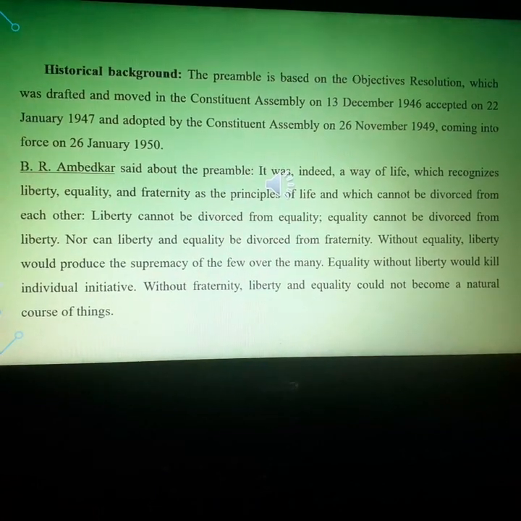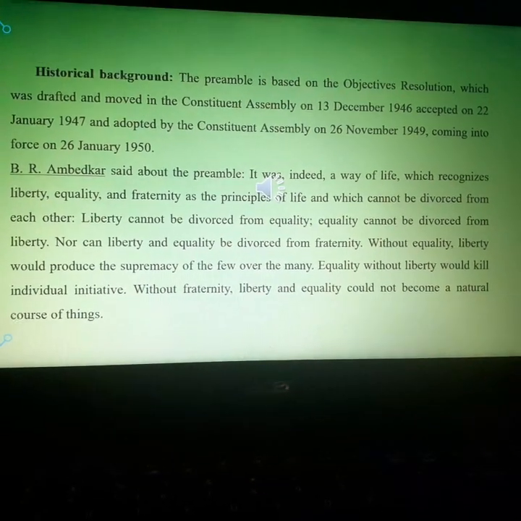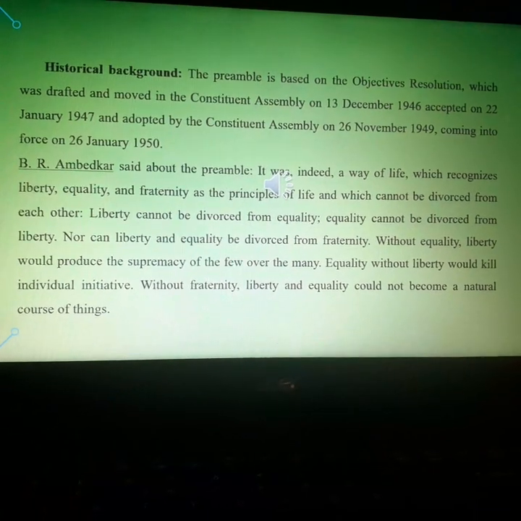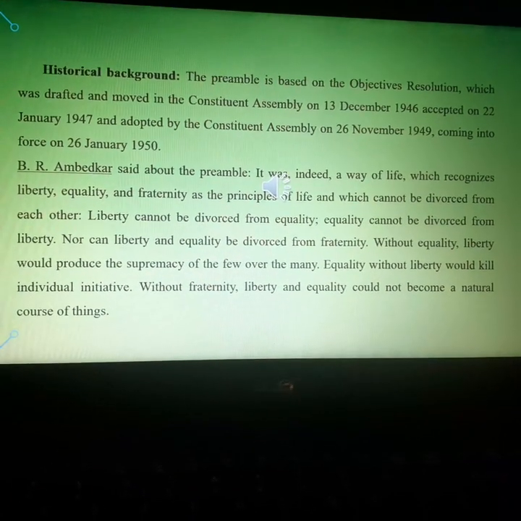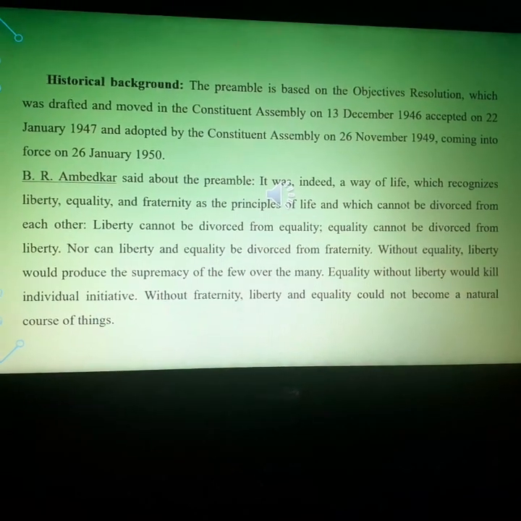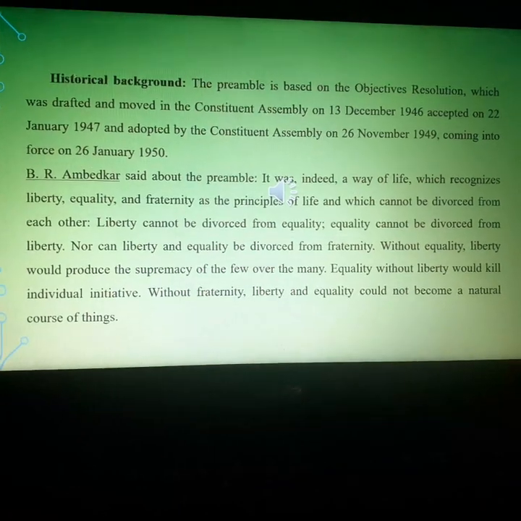Nor can liberty and equality be divorced from fraternity. Without equality, liberty would produce the supremacy of the few over the many. Equality without liberty would kill individual initiative. Without fraternity, liberty and equality could not become a natural course of things.